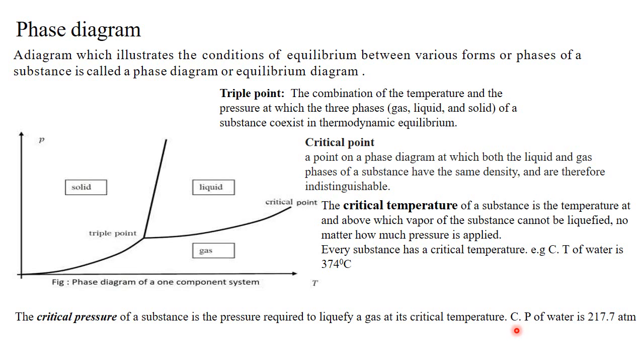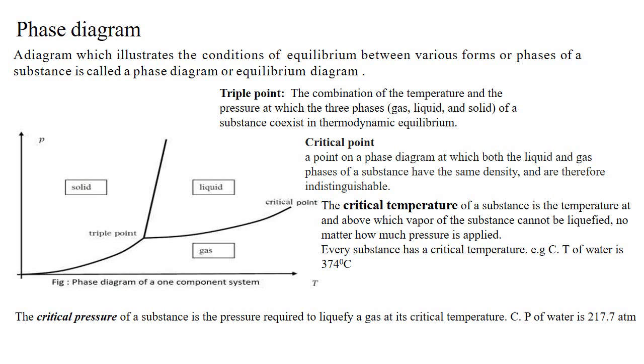Triple point, the combination of the temperature and the pressure at which the three phases, which are gaseous phase, liquid phase and a solid phase of a substance coexist in thermodynamic equilibrium, is called a triple point. The point in the phase diagram where the three curves meet with each other is called a triple point.